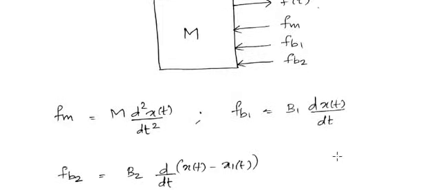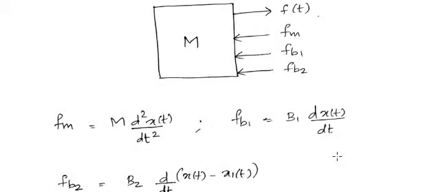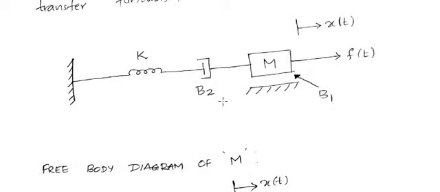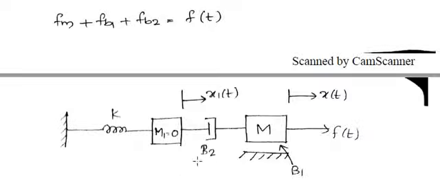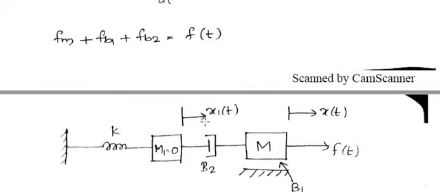So what would be Fb2? Here B2, right? So you have to go through the modified diagram. Here we can see that B2 is actually connected between this m1 and m, right? So what we need to do is we have to consider both the displacements. So which displacement to be written first?